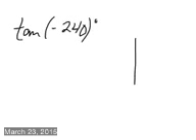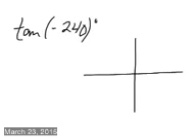So first thing I'm going to do, because I like to have a picture, I want to draw negative 240. Where's negative 240 at? Which way do I move? Clockwise. 90, 180, 240 is about here.